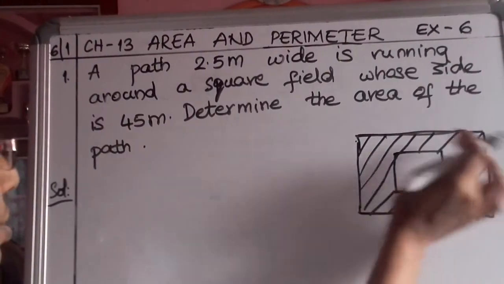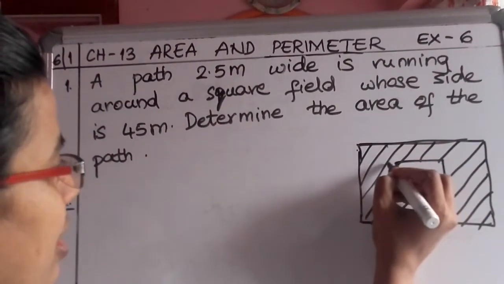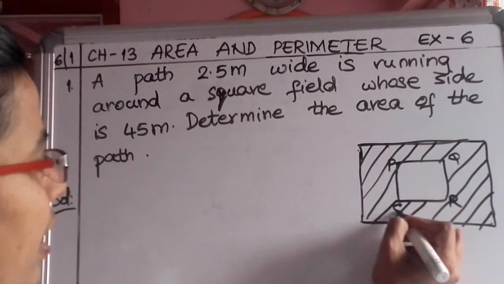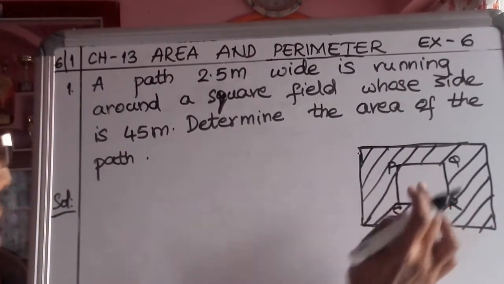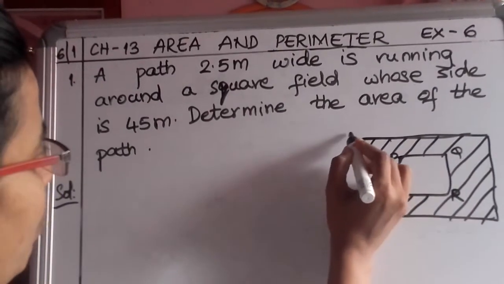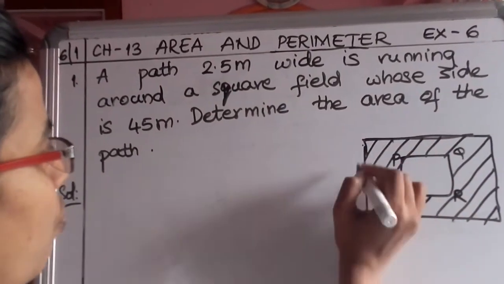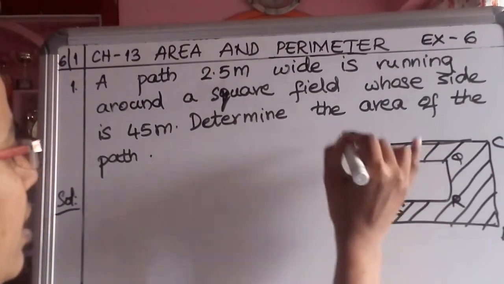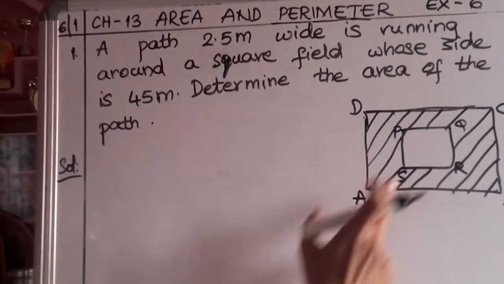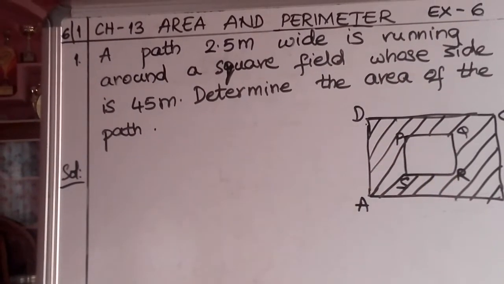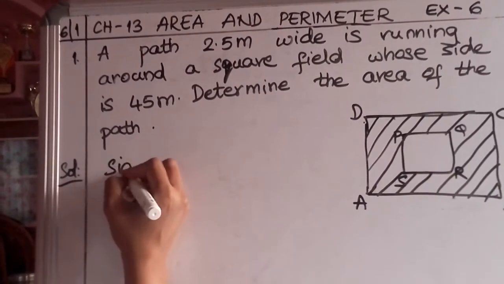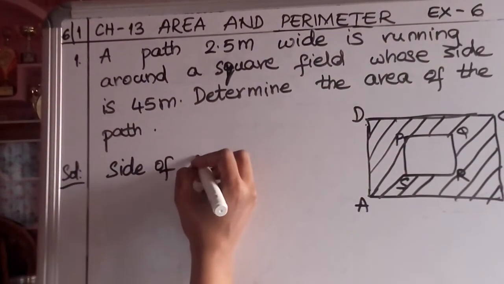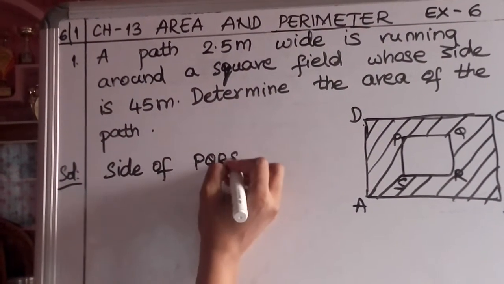For finding out this shaded region, first let us label this P, Q, R, S. Inner square's area we are going to find out, and then the outer square. For example, I am taking A, B, C, D. Now let us take the side of PQRS.